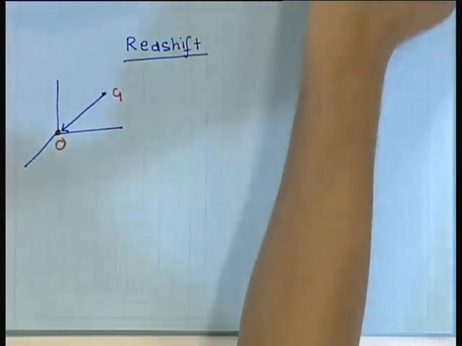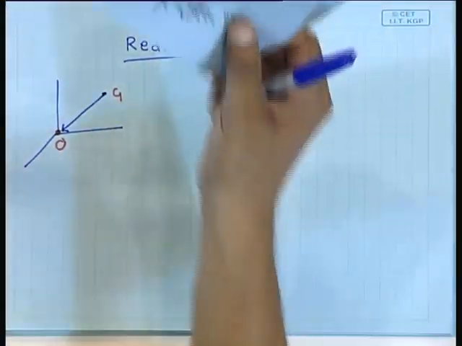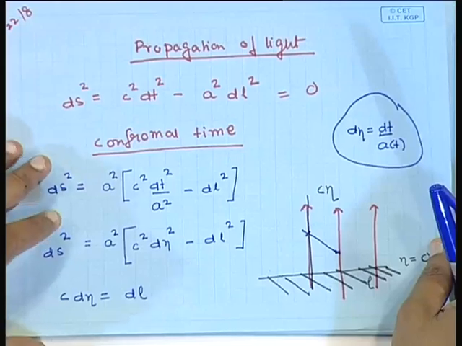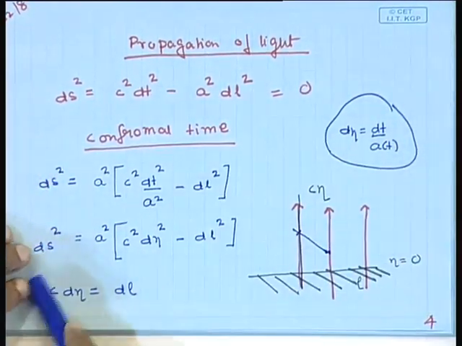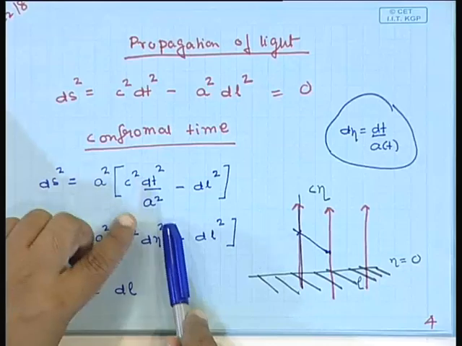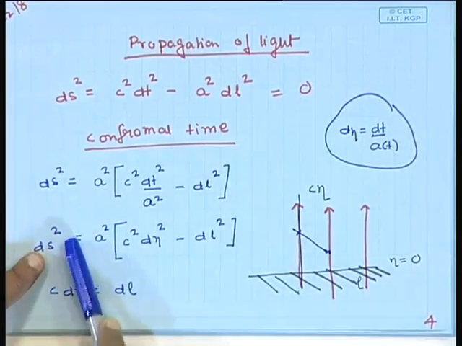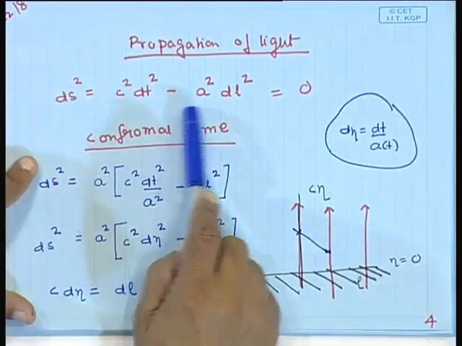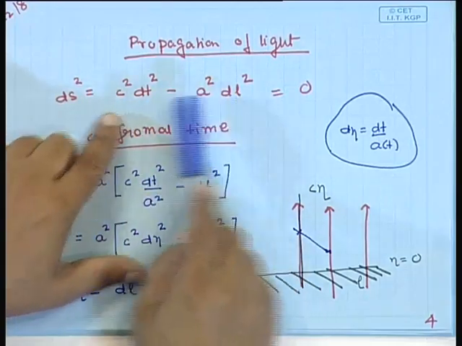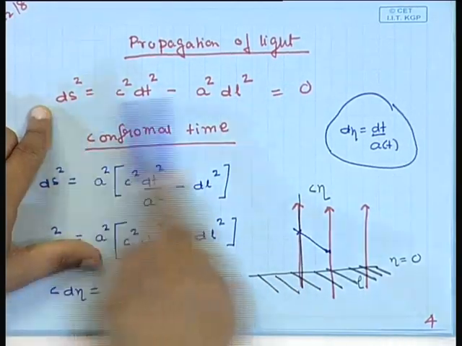So, the method to calculate this, let me start the calculation. We know that light will propagate along a trajectory for which the interval is 0.